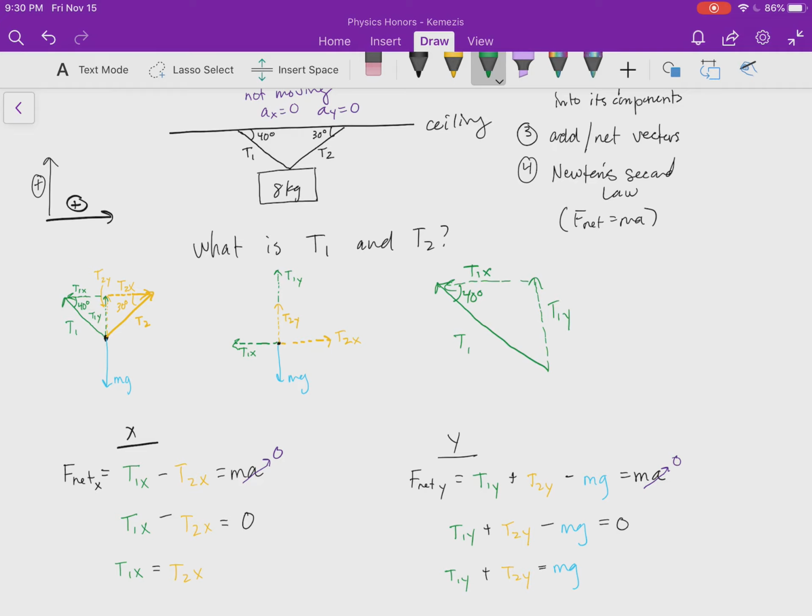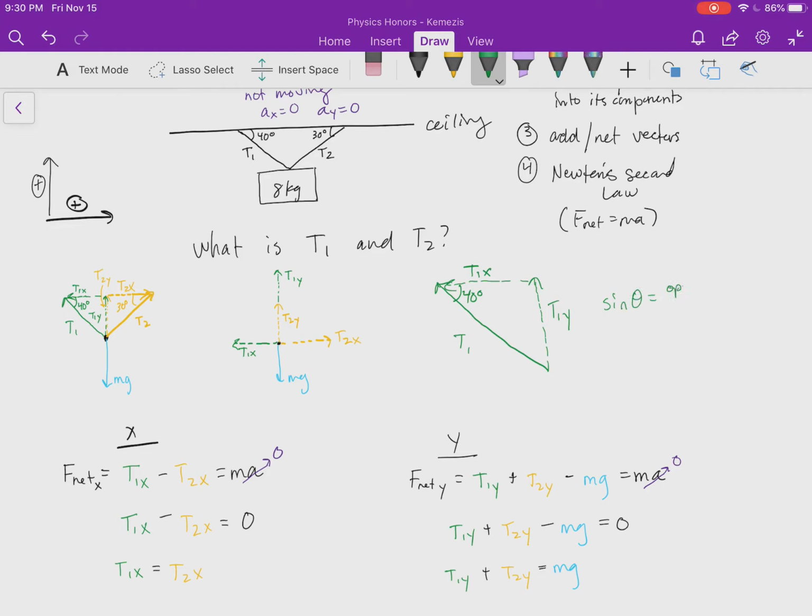But we know how to solve for sides of our triangles. So T1y is, looking at this right here, the opposite side of what we're calling our 40 degrees. So we would use sine.